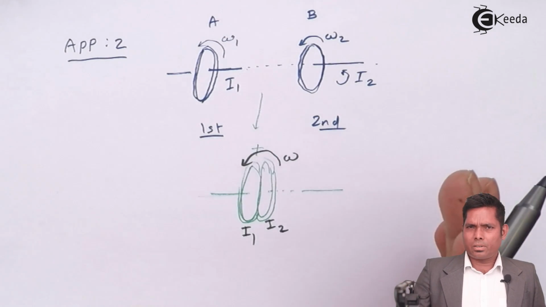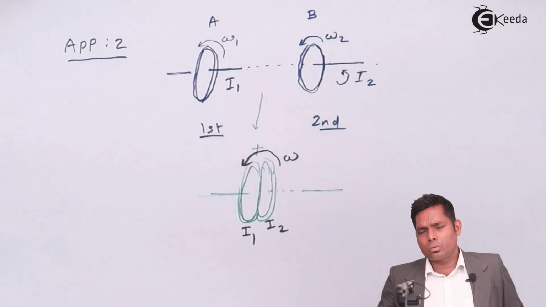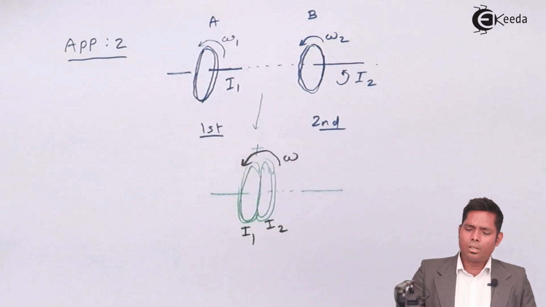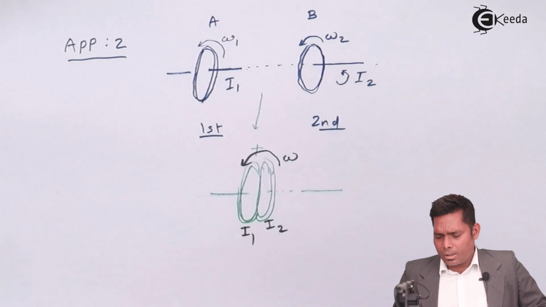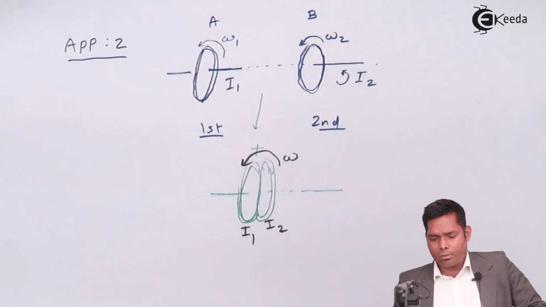Because I have gently placed them, I have not externally added any torque to the system. This is my system consisting of two wheels, and because there is no external torque, angular momentum will remain conserved.